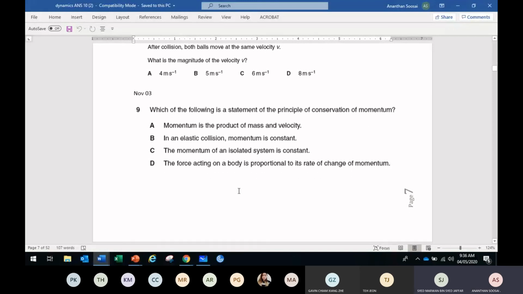Okay, last question before we continue. Number 9. Okay, so what's the answer?